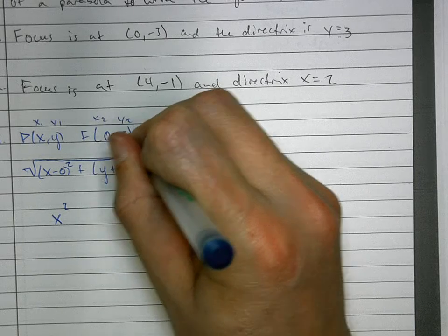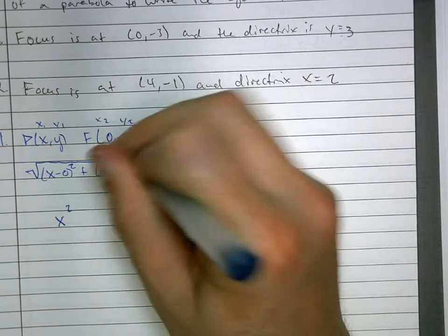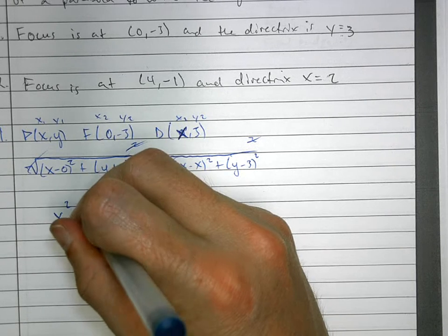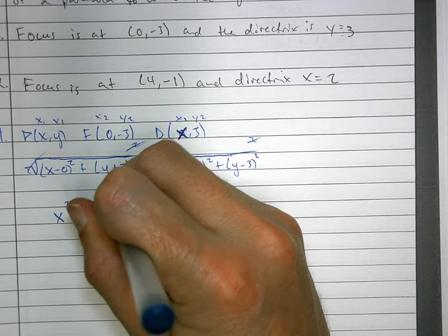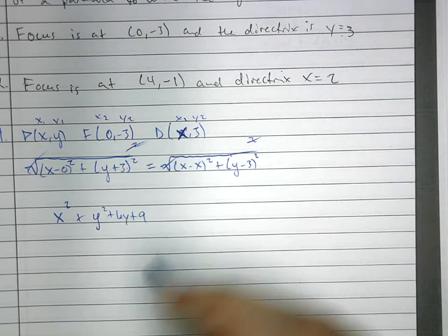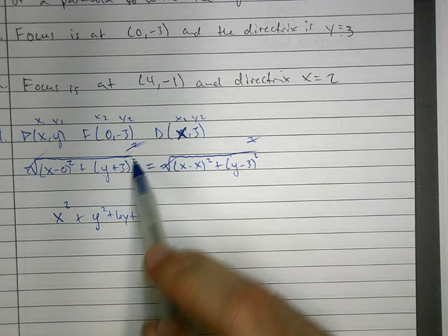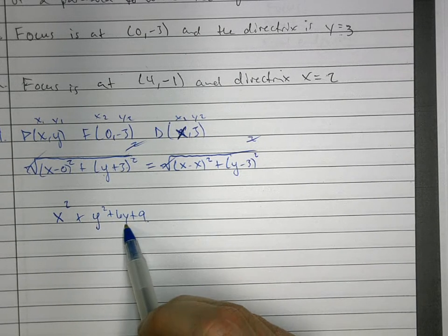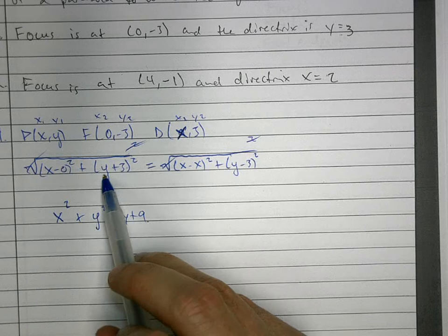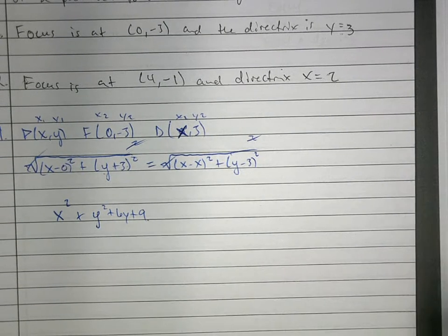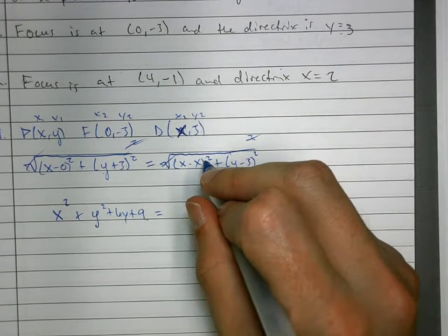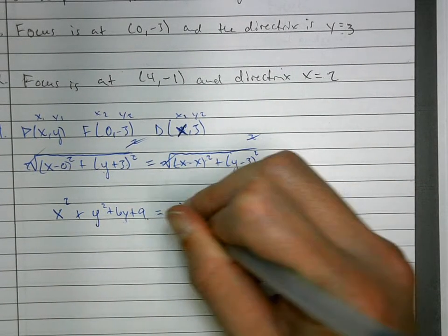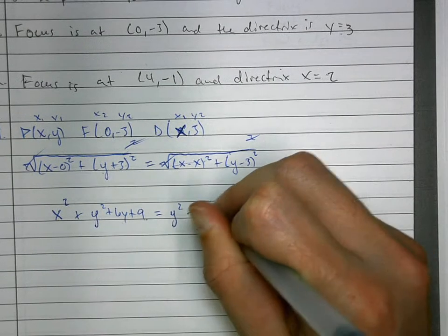We can square both sides to get rid of the roots, by the way. And then (y plus 3) squared foils out into y squared plus 6y plus 9. The shortcut for that is y squared, 3 squared, and in the middle is 2 times 3 times y, 6y. (x minus x) squared cancels, and (y minus 3) squared gives us y squared minus 6y plus 9.